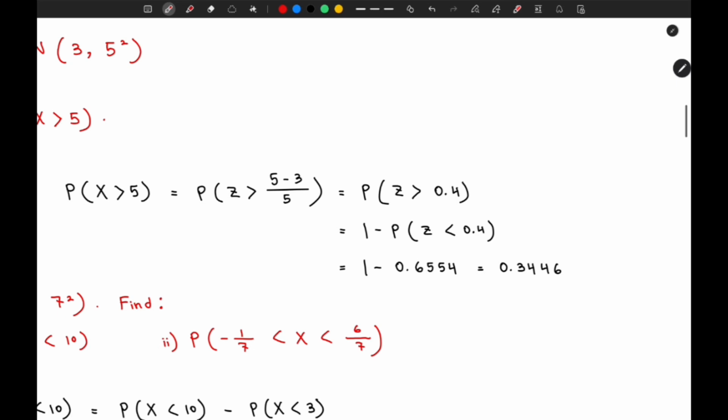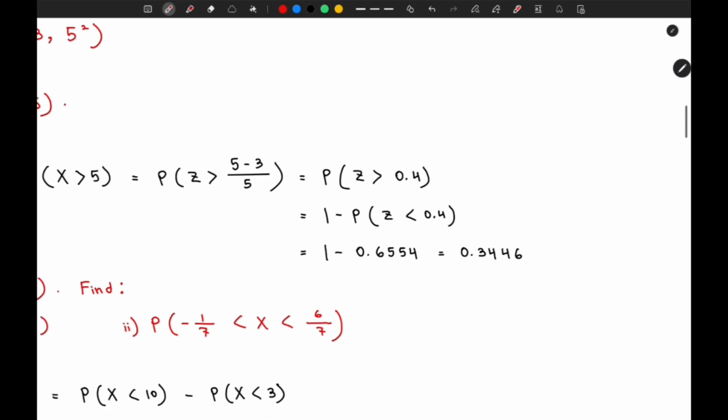So now you have this expression. You cannot calculate the value of z is greater than 0.4. You need to convert this into a less than sign. So you can write it as 1 minus probability of z is less than 0.4.